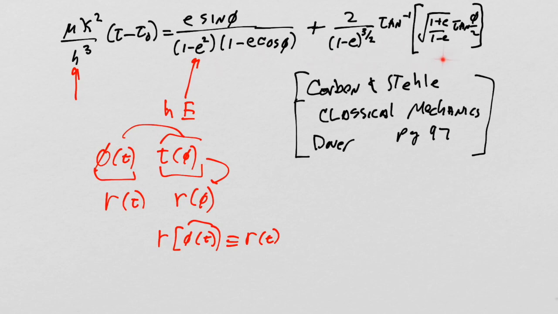This final answer you can check with Corbin and Steele, Classical Mechanics, Dover, page 97. That's where this final answer appears. They, however, don't actually do the integral. They just offer the expression. Okay, so that is basically our idea of how to develop these things as functions of time.